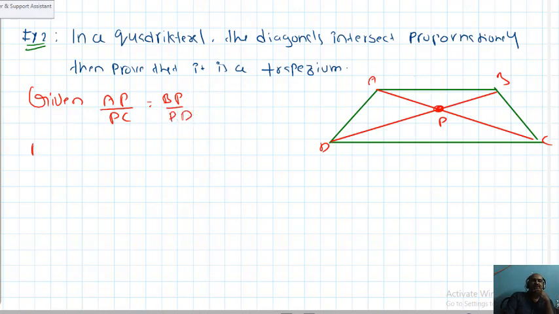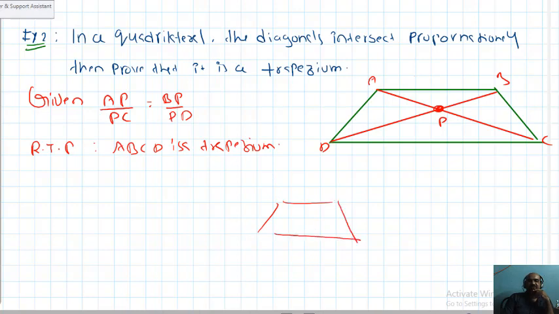What should we prove? ABCD is a trapezium. It is enough to prove that any one pair of opposite sides are parallel. That is my plan.